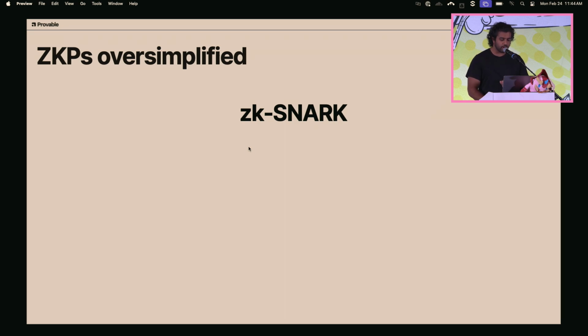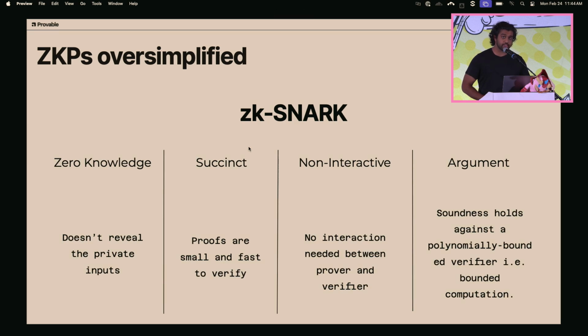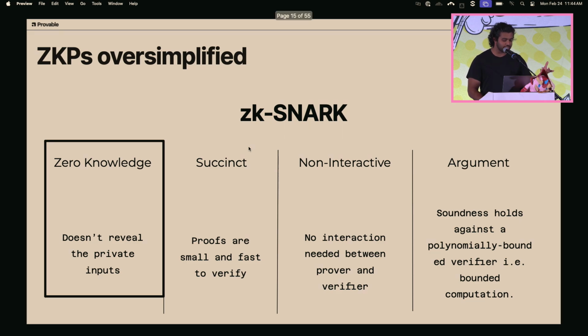That means zero-knowledge, succinct, non-interactive arguments of knowledge. If we were to dive into ZK, there's a lot to unpack here. But for today, all we're going to care about is the zero-knowledge component. Basically, that the private inputs to the proofs are not revealed to anyone who has the proof itself.